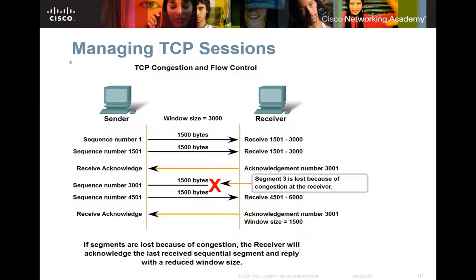And then 1501 to 3000 should be right here. It receives acknowledgement number 3001. I send 3001, it doesn't get there. I send 4001, it gets 4501. It sends back acknowledgement number of 3001 with 1500.